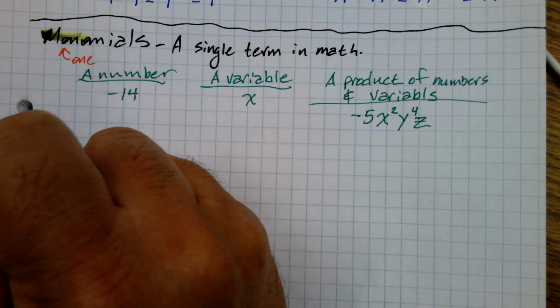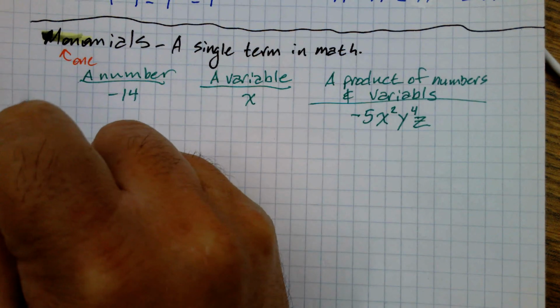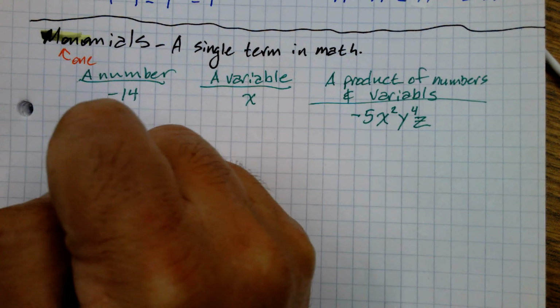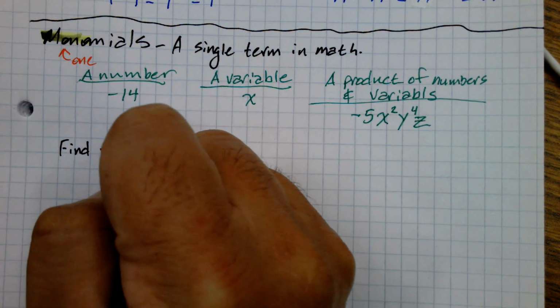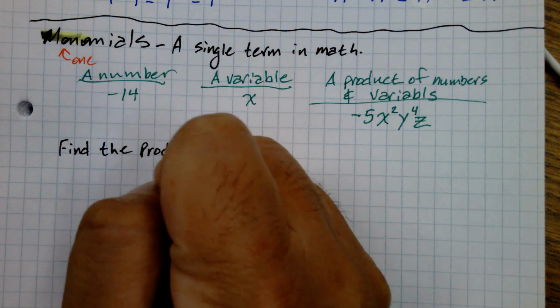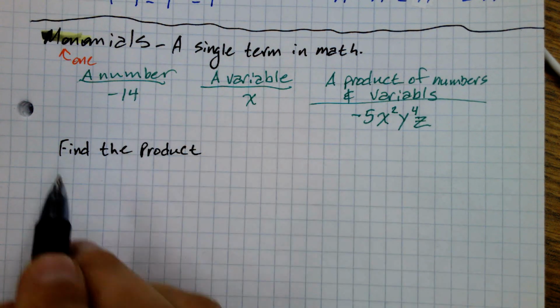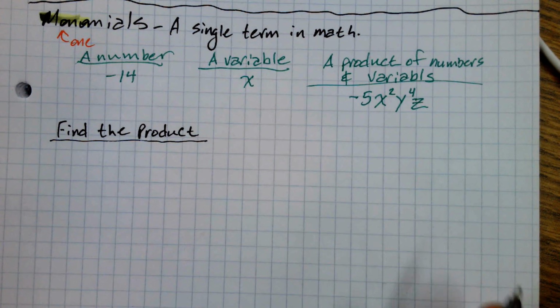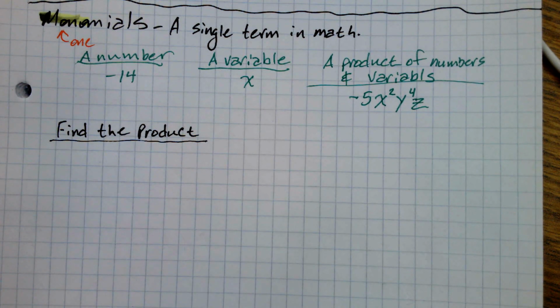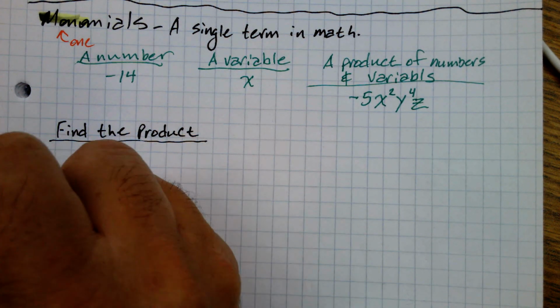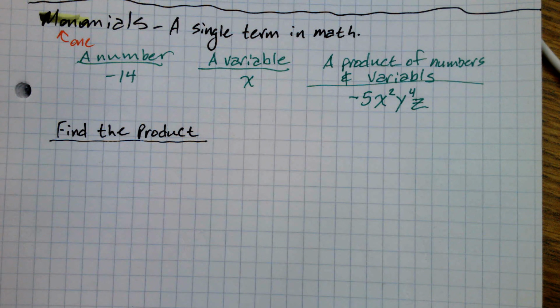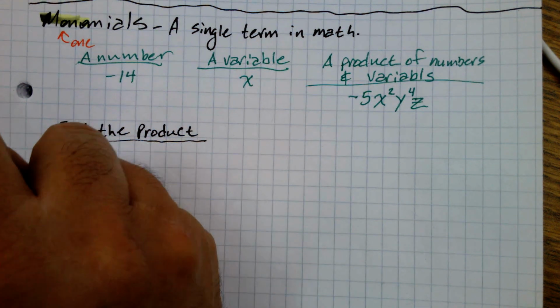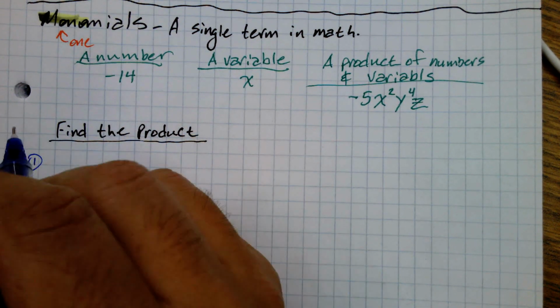So we're going to find the product. Find the product. That means multiply it up. Okay. So let's start with just numbers. Those are monomials.